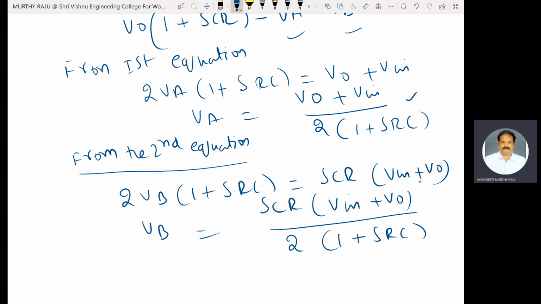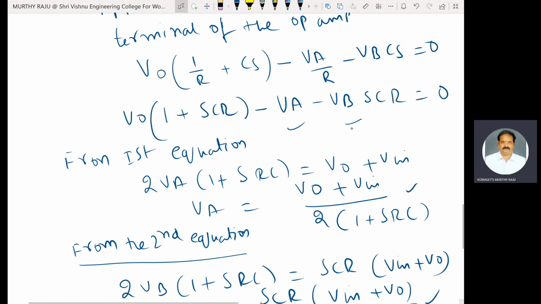These two, VA and VB, are substituted in that expression, the third expression. Write down the third expression.